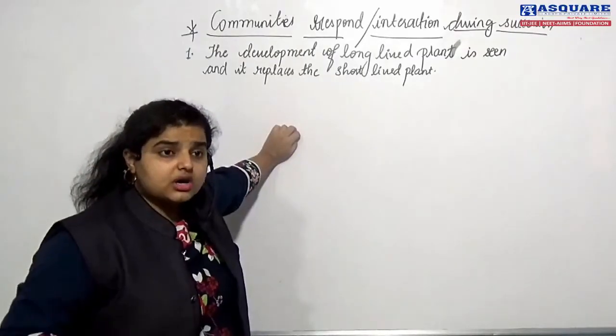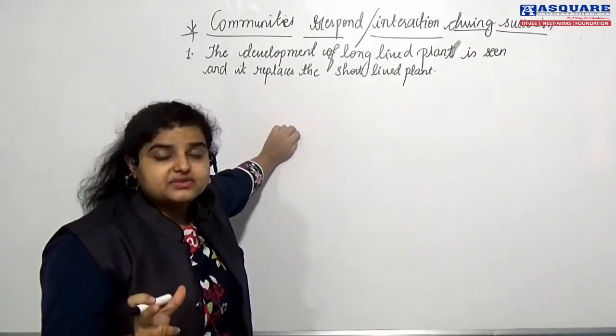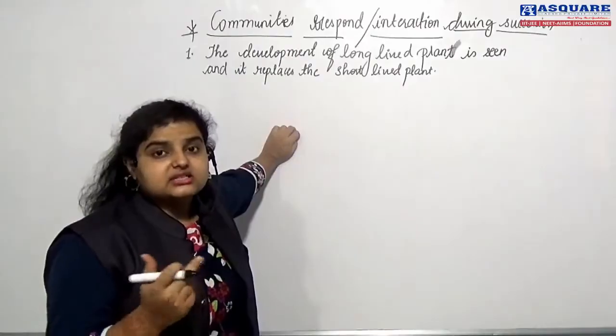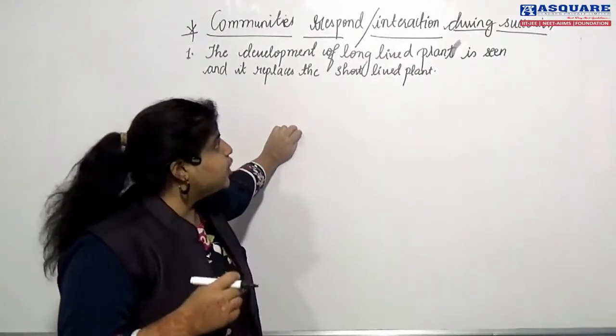When succession occurs, the long-lived plant, the lifespan of the plant, increases. That is why it is called replacement of the short-lived plant by the long-lived plant.